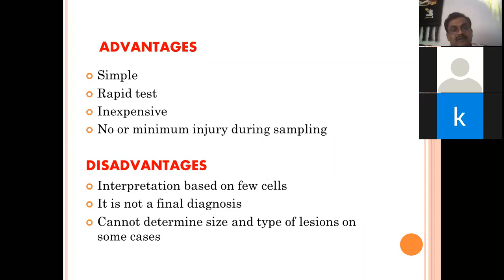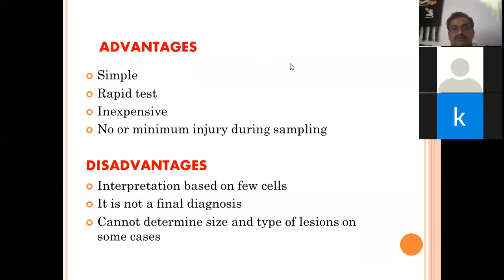The second advantage is that it is a very rapid test. You can get results within minutes, within hours. In contrast to histopathology, where conventional histopathological techniques take about 6 to 7 days, in this case you can give a report within minutes or within an hour. And as I have told you, the instruments needed are very few. No expert personnel are required, so it is very cost effective.